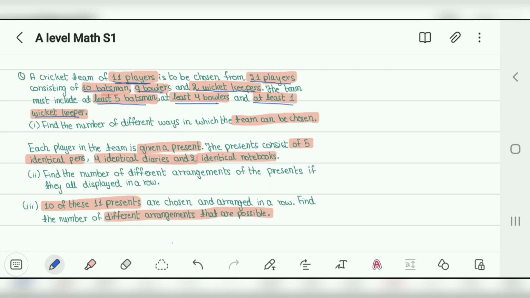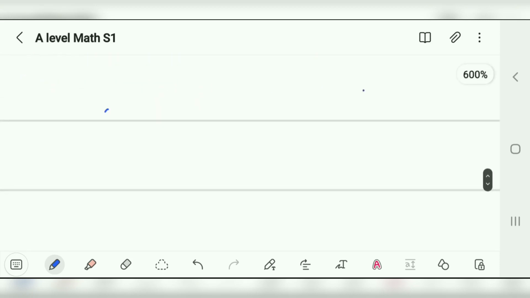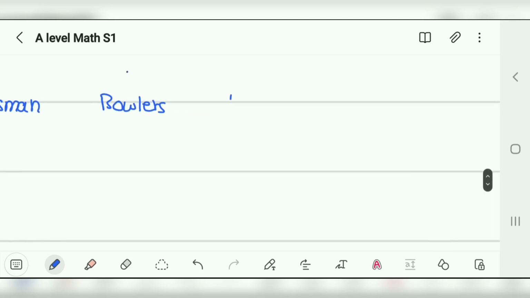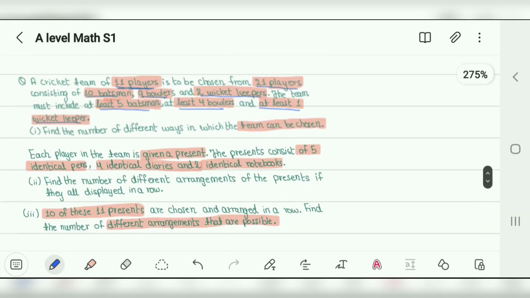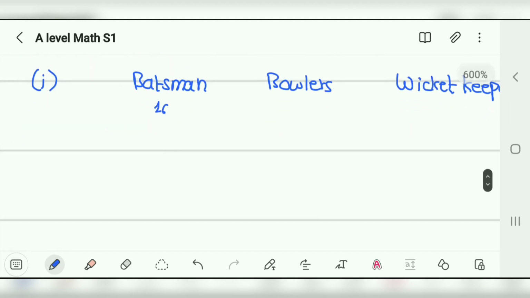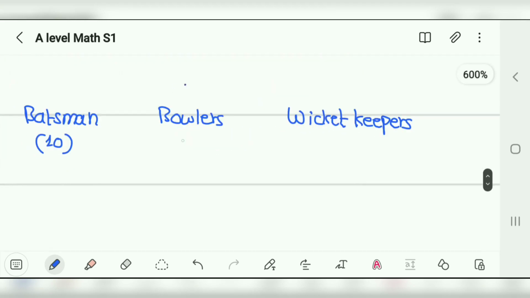Okay, then let's see. So we have batsmen, bowlers, and wicket keepers. Batsmen have 10, bowlers have 9, and wicket keepers 2.